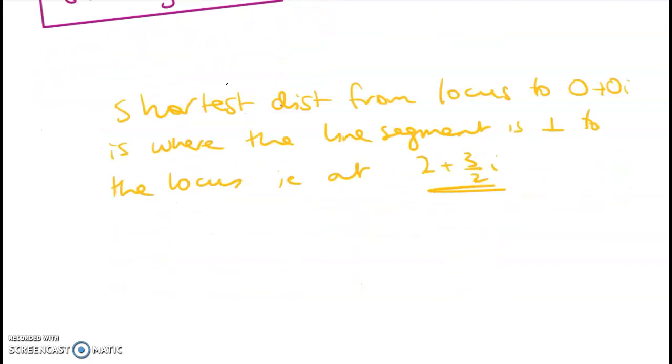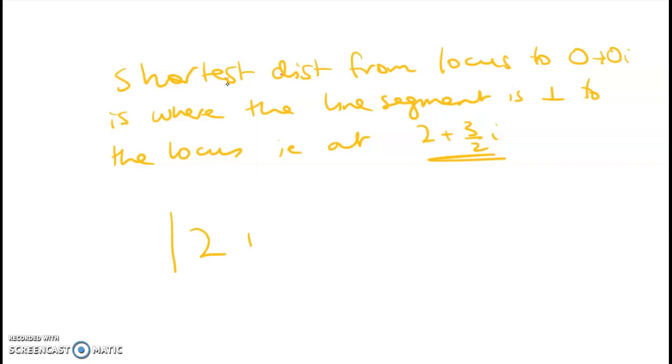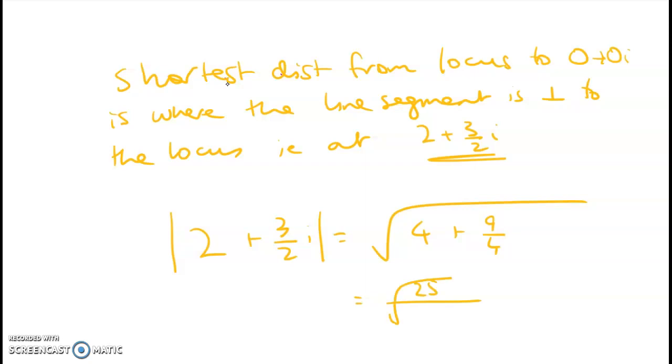So this is what we're looking for. Now we just have to find the modulus of that, which will be 4 plus 9 over 4, which is 25 over 4, square rooted, which is 5 over 2.